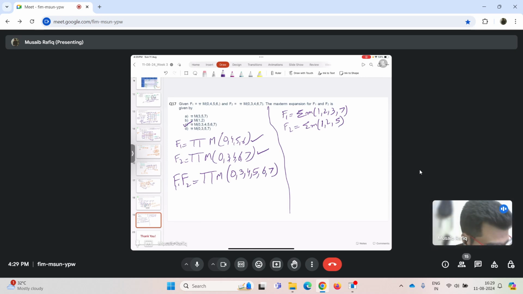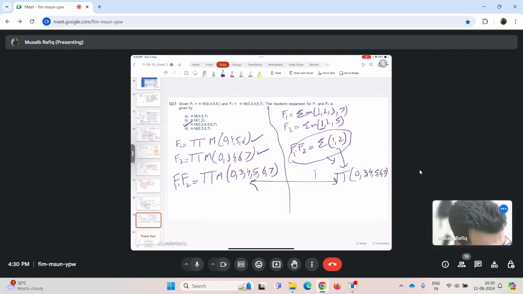When we have SOP form, the product will contain terms that are present in both f1 and f2. So it will be sum of 1 and 2. And if we need to convert this into POS form, we will write those terms that are not present here. So this will be 0, 3, 4, 5, 6, 7. So both of them are equal, and as a result option C is the correct answer.